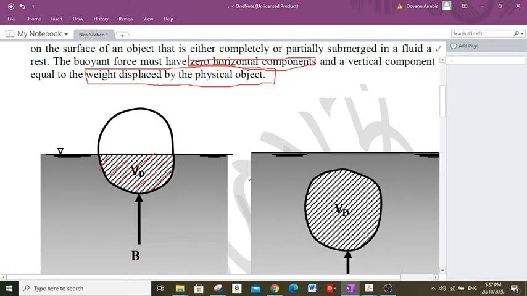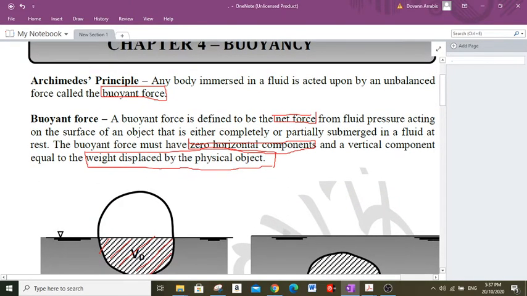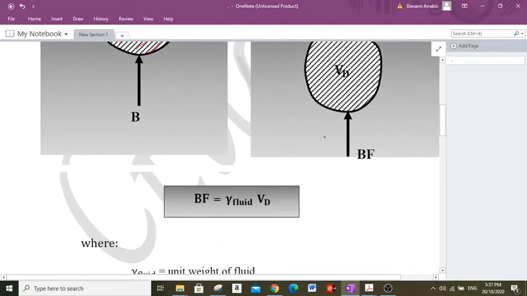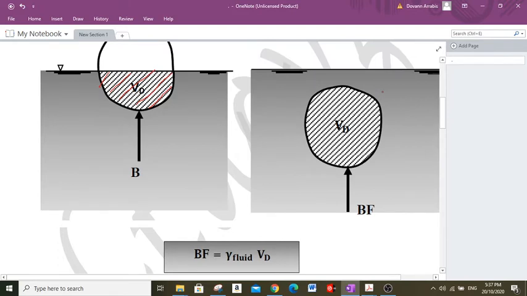Going back to the definition of the buoyant force, the net force, let's consider this figure, because this object is submerged in fluid, it is subject to pressure.